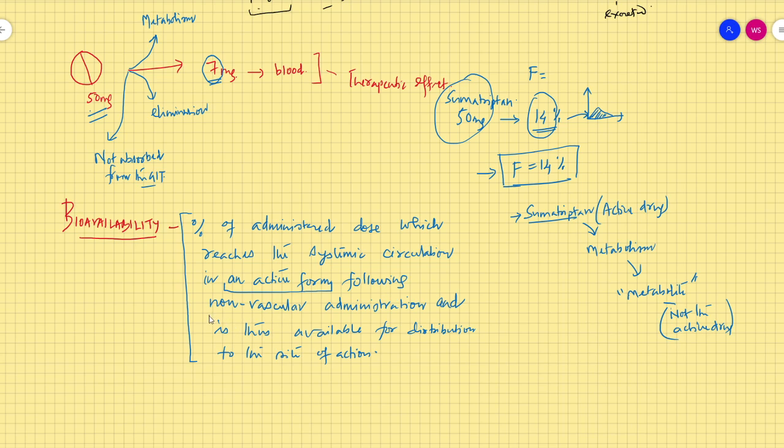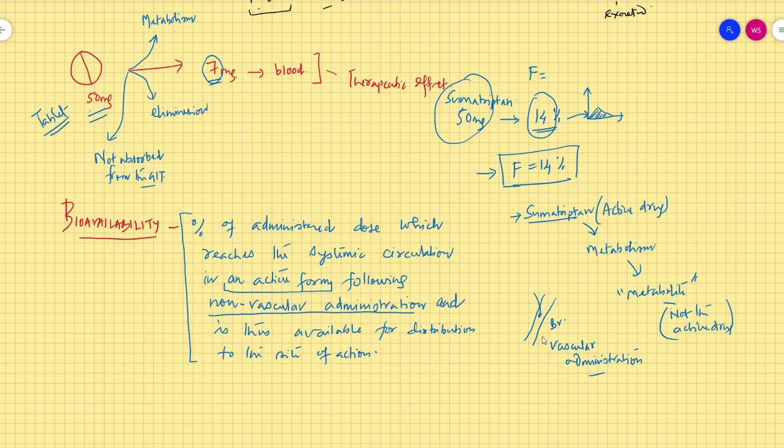Following non-vascular administration. What is non-vascular? So what is vascular? Vascular means blood vessels. So when you administer something directly, if this is the blood vessel and you are injecting the drug directly into the blood vessel, then this is called vascular administration. But in this case, we are giving it as a tablet.